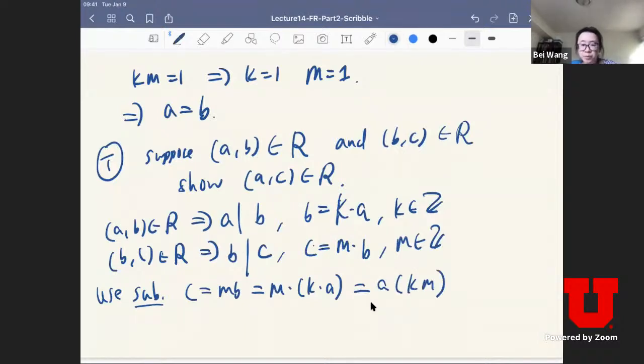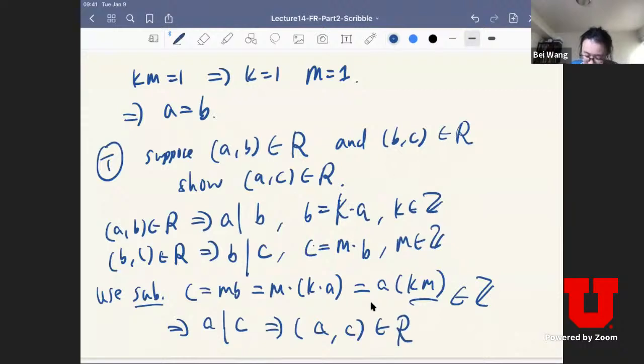Because K and M are both integers, by the closure property of integers under multiplication, KM is an integer. So now C is A times some integer. This means A divides C, which implies AC is part of the relation.